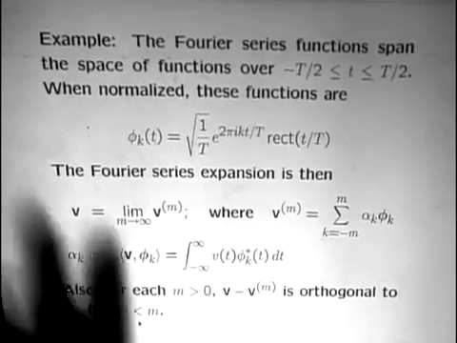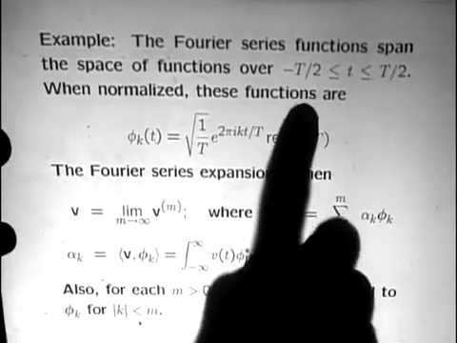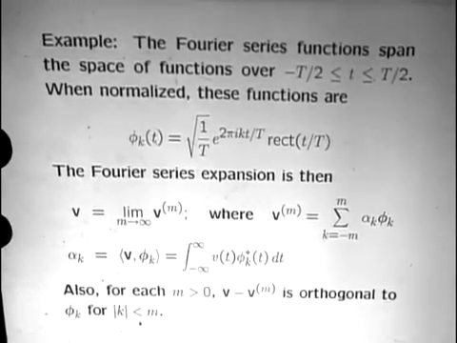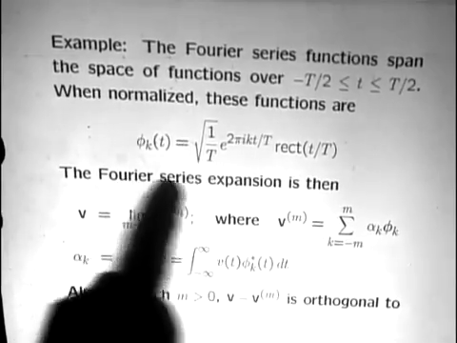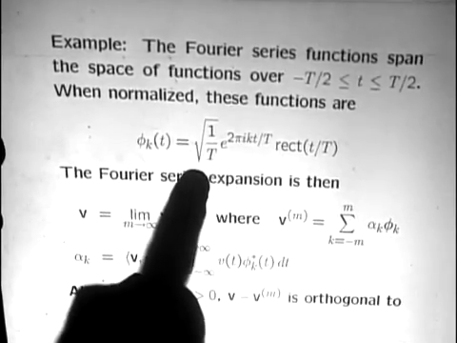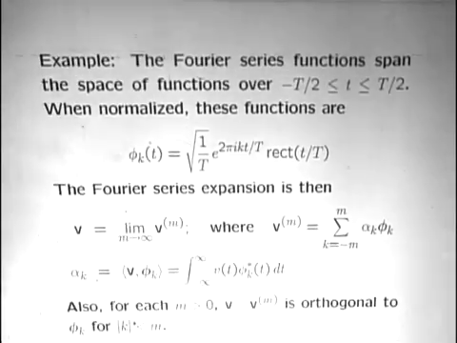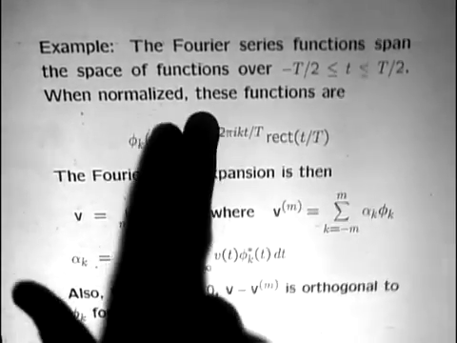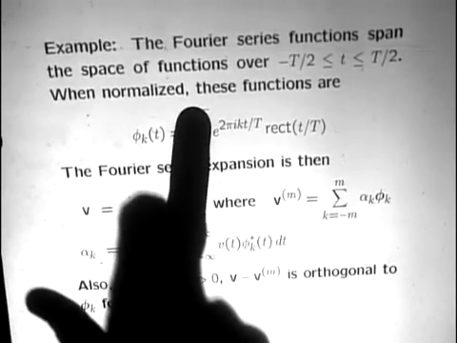Okay, so to give an example of what we were just talking about, the Fourier series functions span the space of functions over minus T/2 to T/2. And when normalized, these functions become 1 over the square root of T times what we started with before, namely a sinusoid truncated. Before we were dealing with the orthogonal functions without the 1 over square root of T in it.